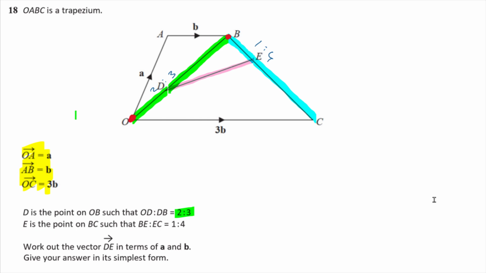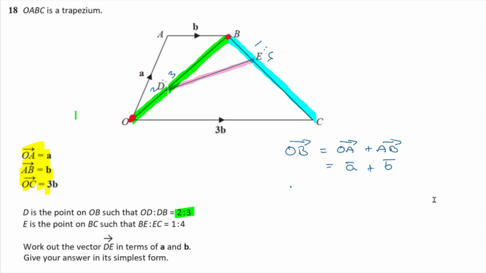I can go via A, can't I? So I can go around that way. So I can go from O to A, and then from A to B. O to A we know is A, A to B we know is B, so O to B must be A plus B.